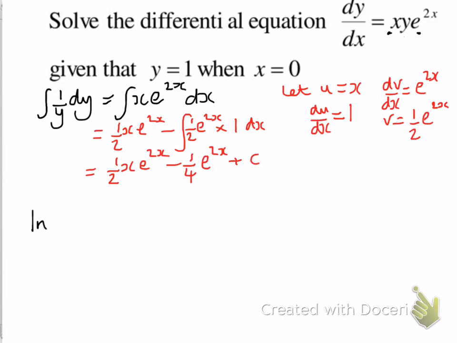I can now say on the left hand side ln y is equal to half x e to the 2x minus a quarter e to the 2x plus c.